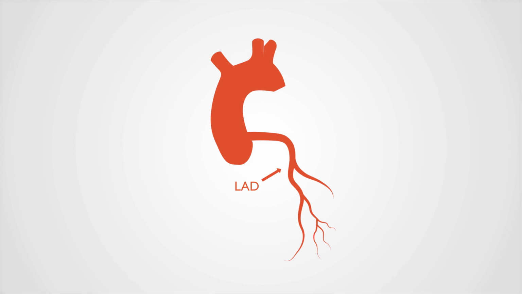We sometimes refer to this as the left interventricular artery. It runs in the interventricular sulcus between the left and the right ventricles on the anterior surface of the heart. The circumflex artery, shown here, is the other branch off the left main stem. It goes around the heart in the atrioventricular groove.